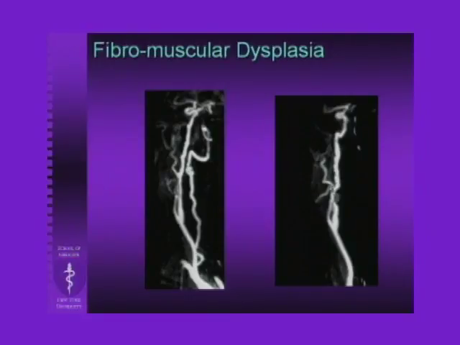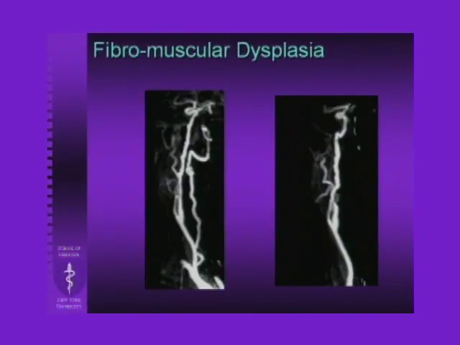You have to be careful not to overcall it because there are all kinds of artifacts that can create a similar appearance. But when you see a long stretch, as you see here, that's a good two-thirds of the cervical carotid that has that kind of beaded or irregular appearance, then you should be thinking about fibromuscular dysplasia.